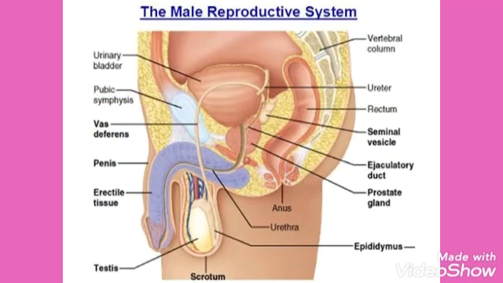The inner lining of each seminiferous tubule consists of two types of cells, spermatogonia and Sertoli cells.